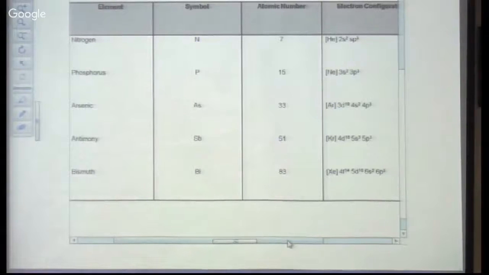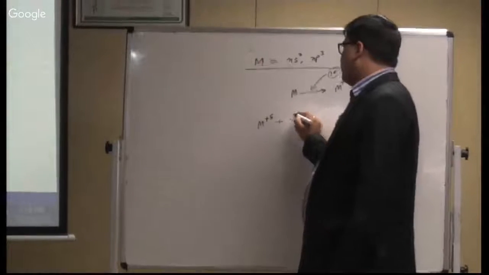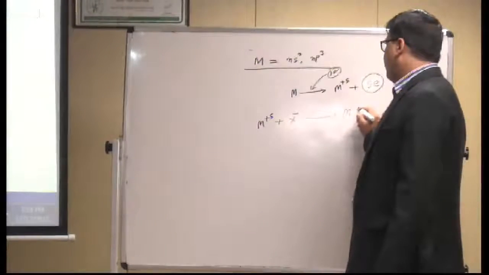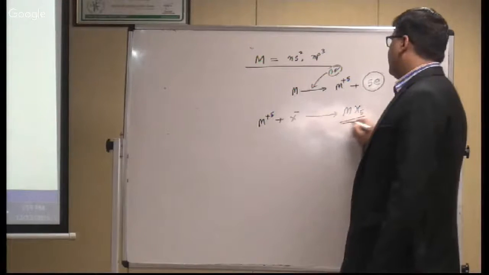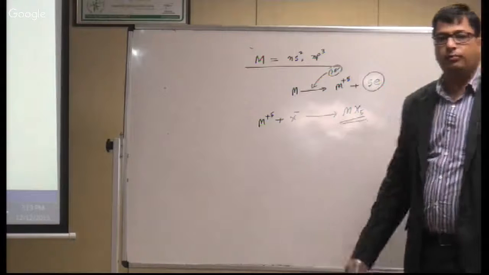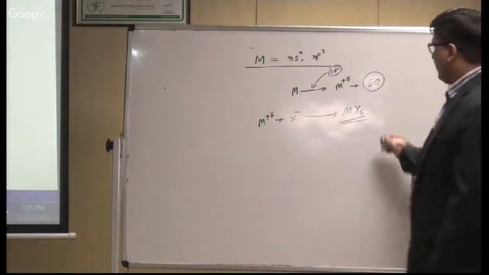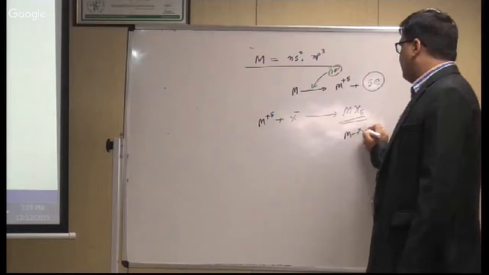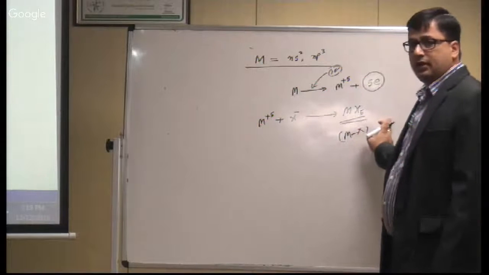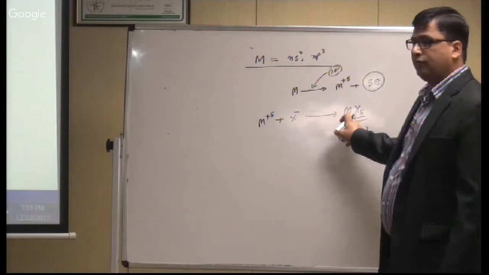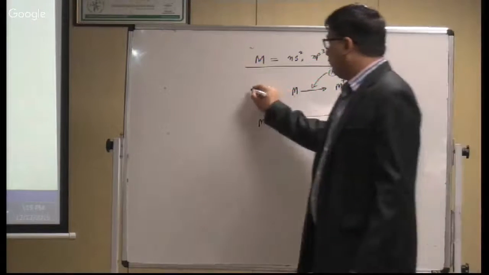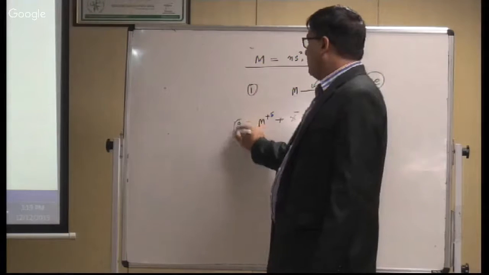Now, when M+5 forms, it combines with some negative ion to form a metal complex of pentahalides or penta compounds, right? So when M-X bond forms, energy is released. How many bonds form? 5. So this is step 1 and this is step 2.